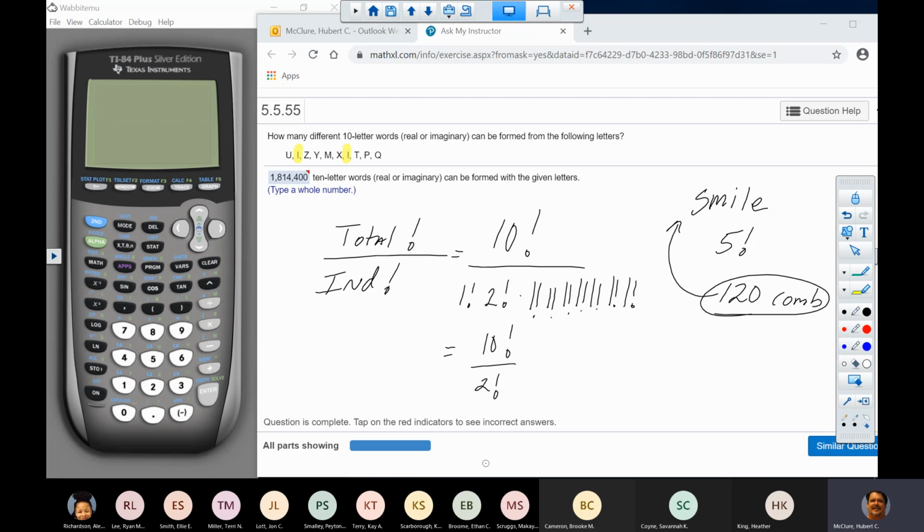What if there was 3 U's? Then it would be 3 factorial times 2 factorial. That's the difference between the 2 problems.